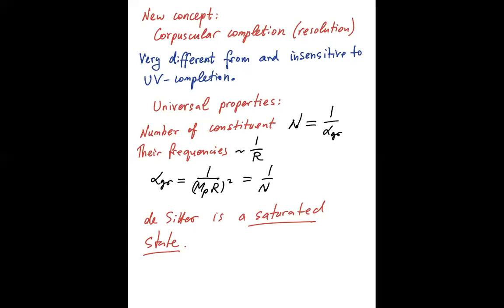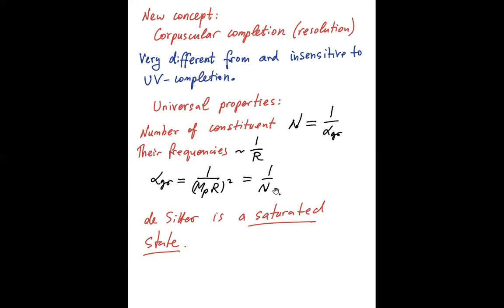Now, there are certain universal properties that come with this corpuscular resolution. It's very interesting that the number of constituents always comes out equal to the inverse of their gravitational coupling. You can check this. I will not do this in this talk, but it's straightforward to check. And their frequencies are, not surprisingly, given by the Hubble.